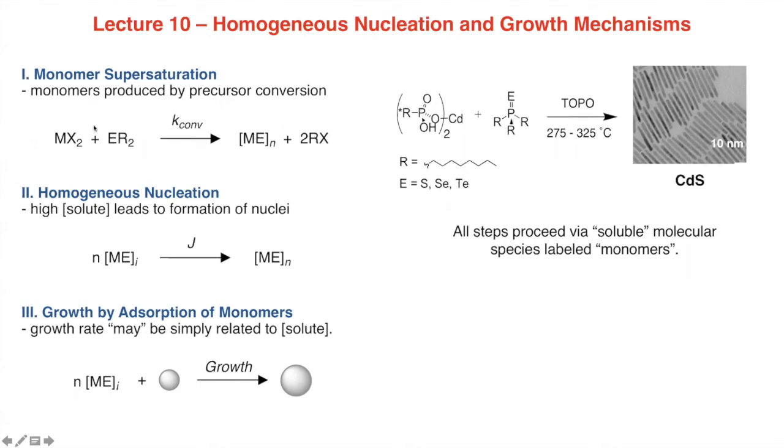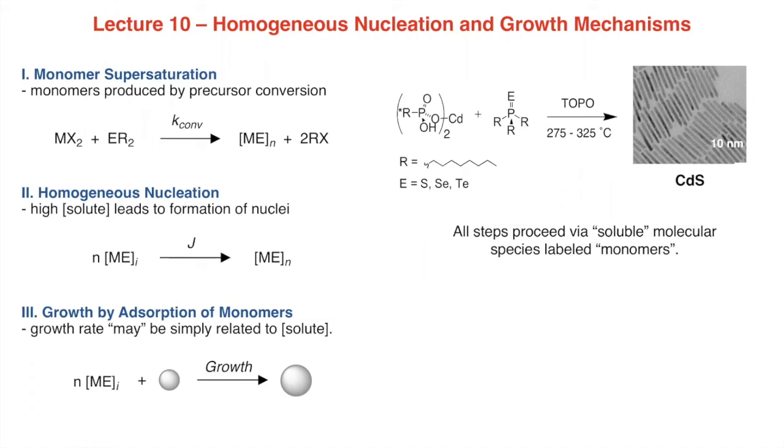And so in these mechanisms, what happens is that the metal complex reacts with the chalcogen molecule, producing two byproducts. One is a unit of the growing crystal, this metal chalcogenide unit, and then also some organic byproducts labeled as Rx in this particular case.